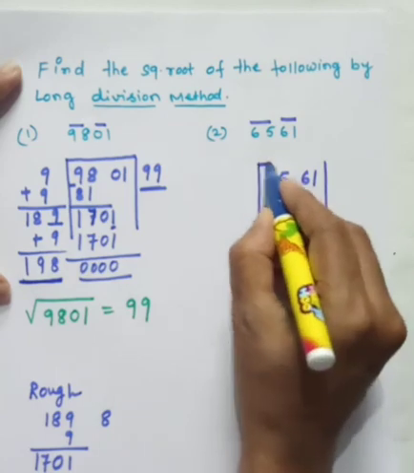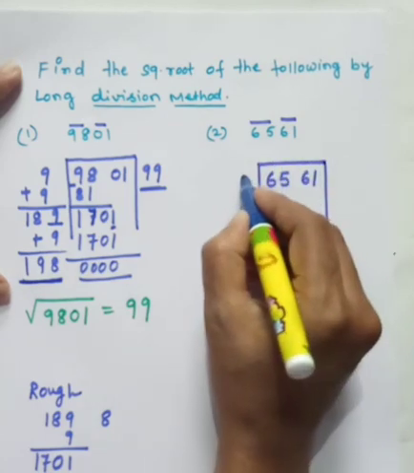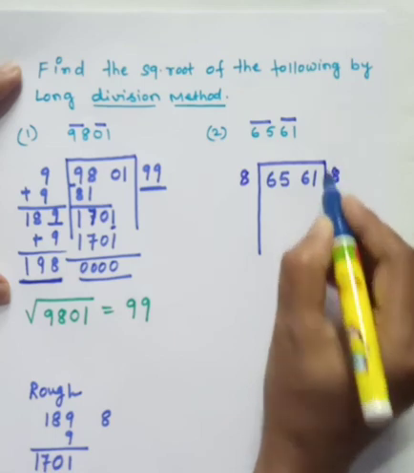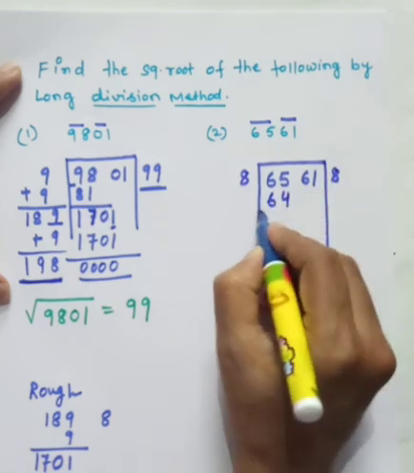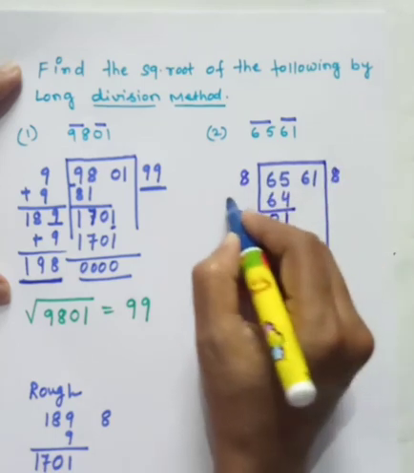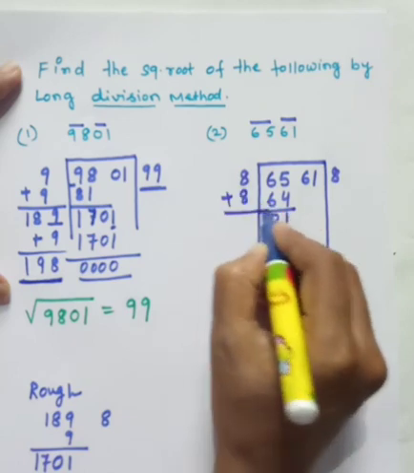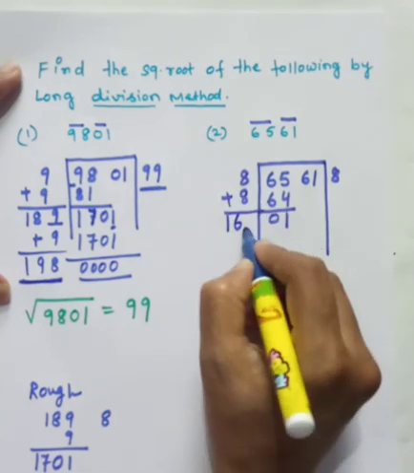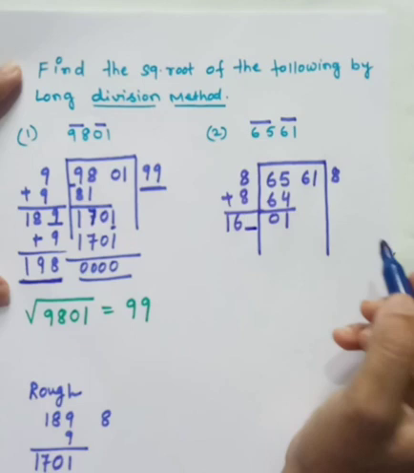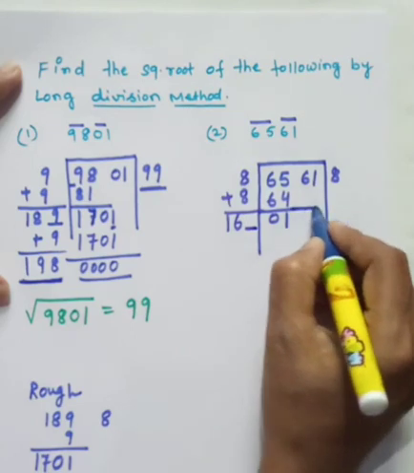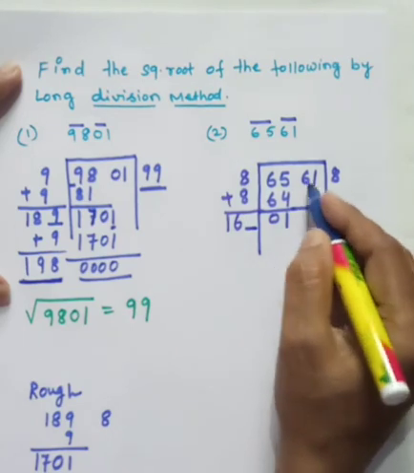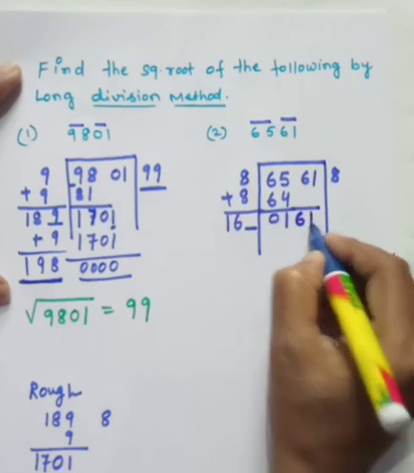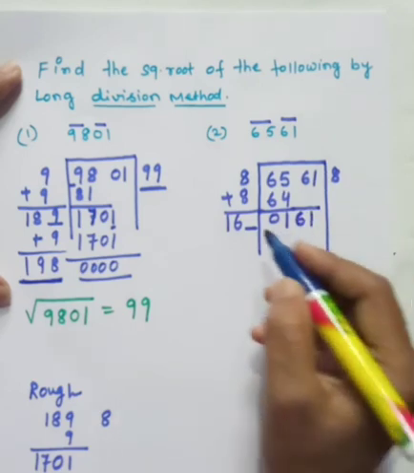You know nicely the first step, start tables. So 8 8s are 64, you are left with 1. Here you will add 8, 16, your addition, and you leave one place vacant here so that you can read the next table, and then bring down this 61 from the dividend. Now you have 161, it's very clear.